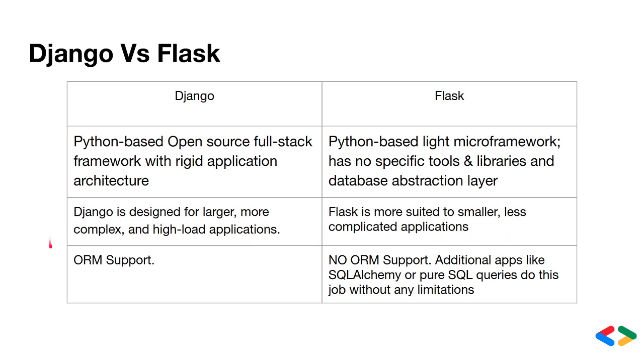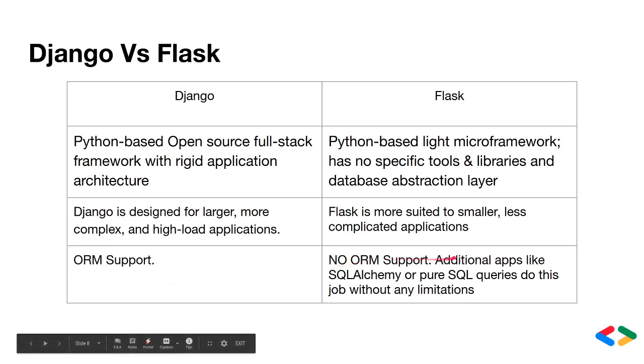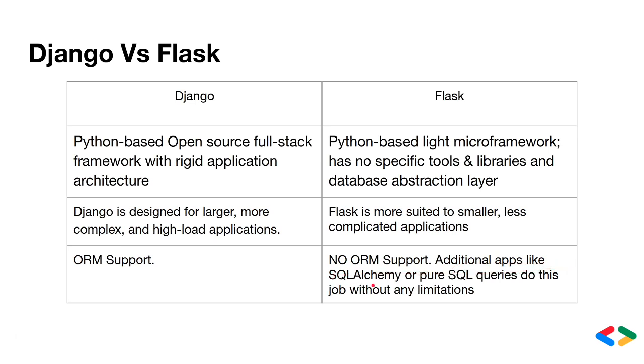Django has ORM support, which I'll discuss in some time. Flask doesn't have ORM support, but we have something like SQLAlchemy or pure SQL queries to do this job without any limitation. To sum up, your choice of web framework boils down to the kind of project you want to build and the time you invest. With Django, you can build complex applications in less time. Flask is basically for simplicity. If you are dealing with a small project, you can go for Flask. If you're dealing with a big project, then you can come to Django.